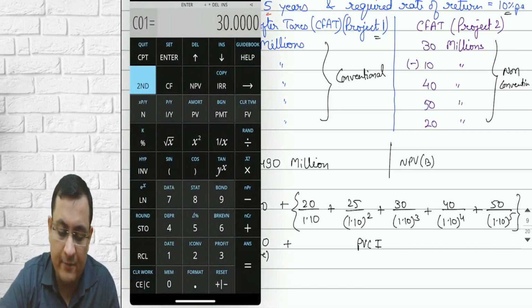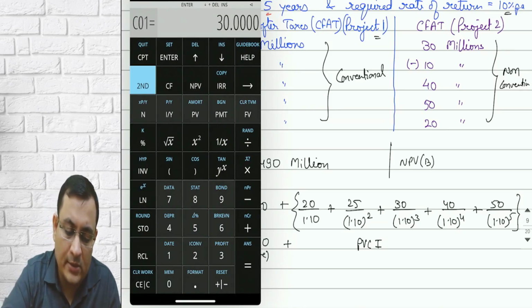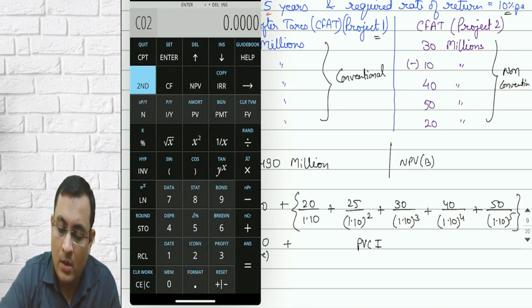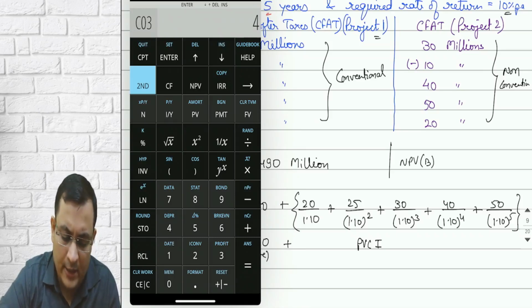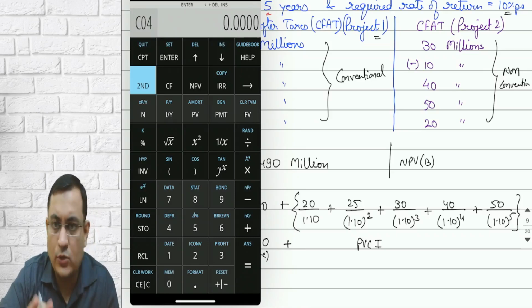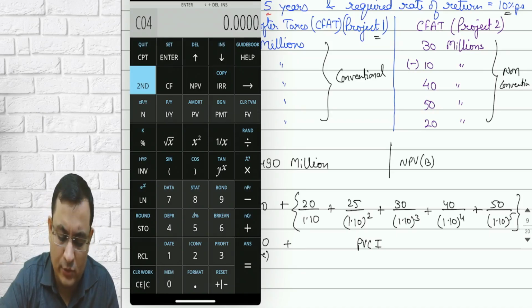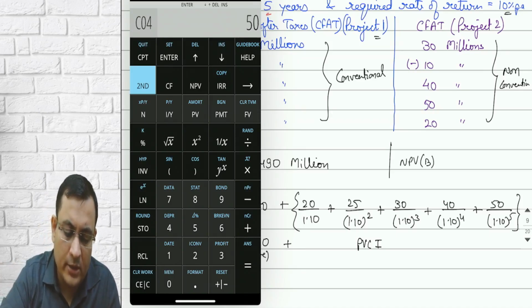So C01 30, next, 10 negative, 40 positive. There is no difference in calculation of NPV, so nothing to worry about for the calculation part.